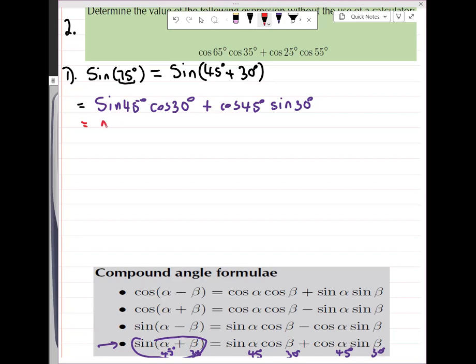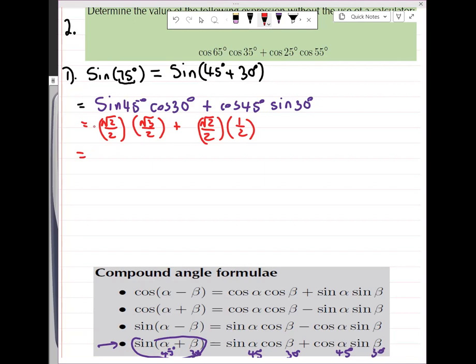Sine 45 will give you root 2 over 2. Then cos 30 will give you root 3 over 2 when you press them on a calculator. Then cos 45 will give you root 2 over 2. Then sine 30 will give you half. Then you multiply here.